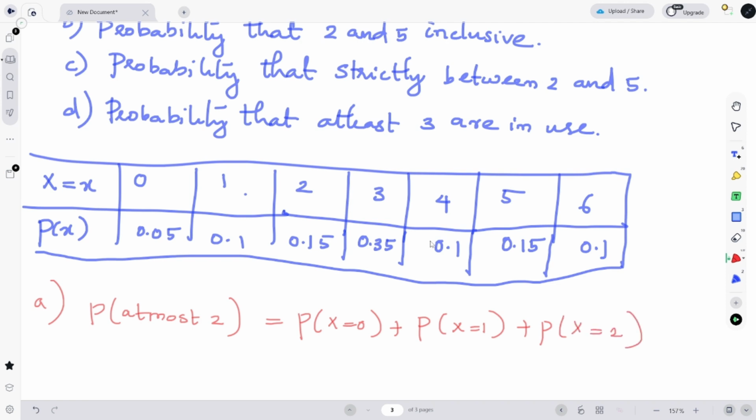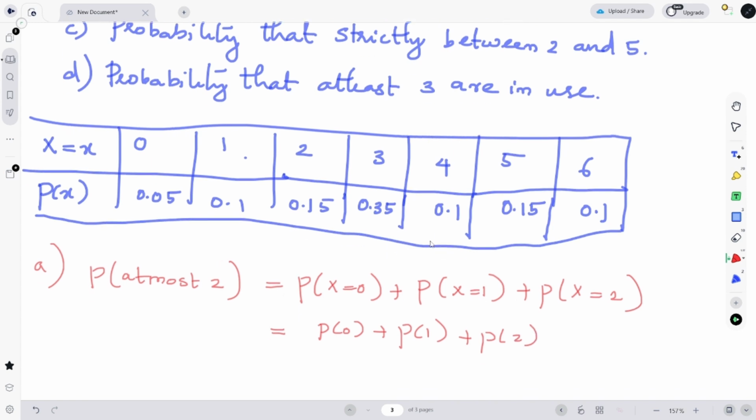Maximum 2, so minimum is 0. So you can write this as P of 0 plus P of 1 plus P of 2. So what are the corresponding probabilities? P of 0 is 0.05 plus 0.1 plus 0.15. So add the probabilities and you will get the answer as 0.3.